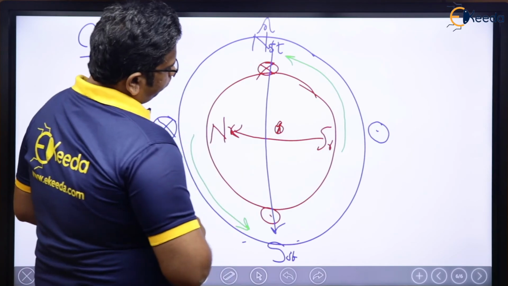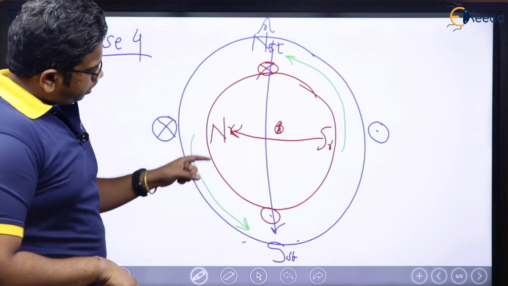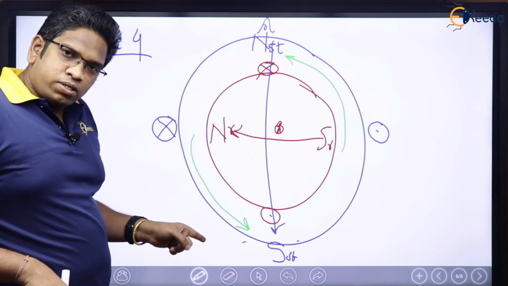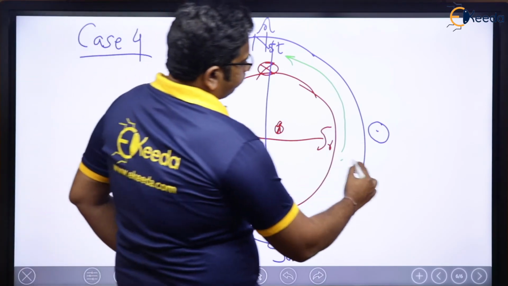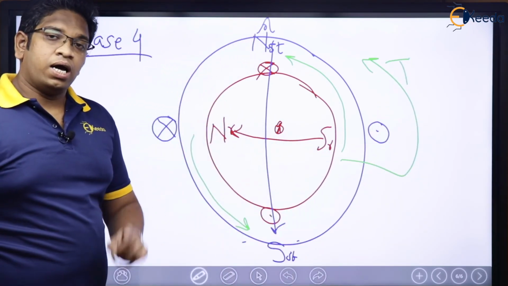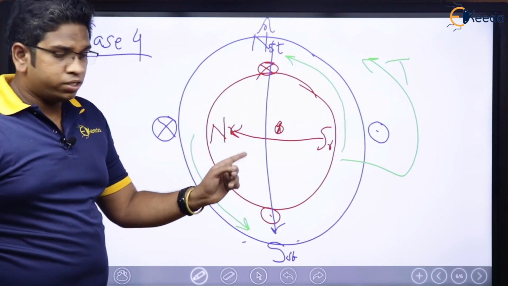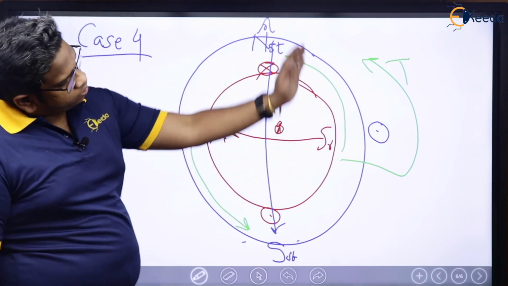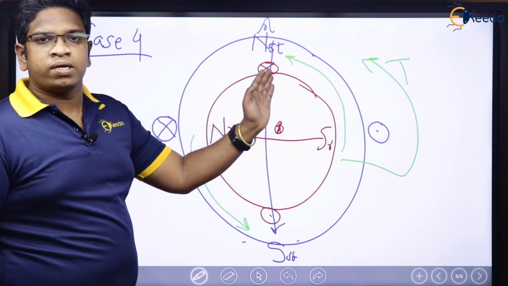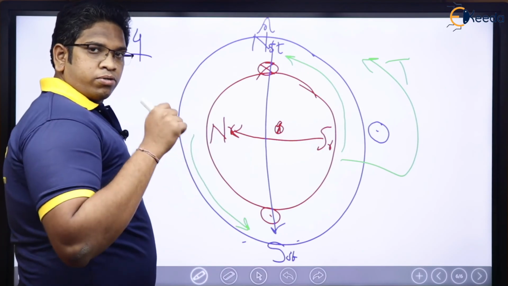Now, see what is happening. The torque developed will be such that this south pole will get attracted towards the north pole, and this north pole will get attracted towards the south pole, which means the direction of torque is this direction. Again, I am not at all saying that this particular machine's rotor is going to rotate in the anti-clockwise direction or not, because I am only concerned about the direction of torque.